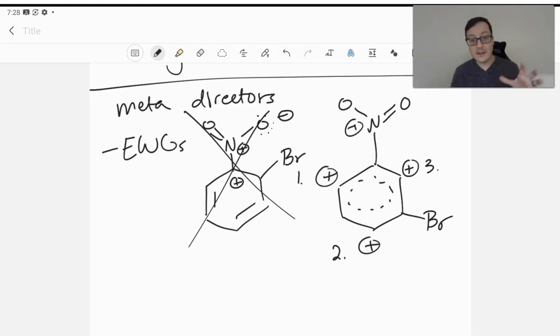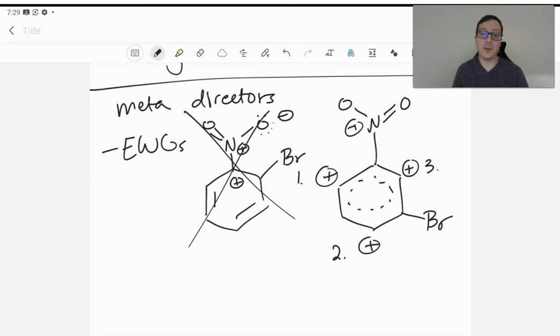And so, suffice it to say, electron withdrawing groups are always going to be meta directors, because putting the new substituents in ortho or para positions will destabilize the molecule. But if we put things in meta positions, that doesn't destabilize as much. So electron withdrawing groups are not so great for EAS to begin with, as we'll see in our next video.